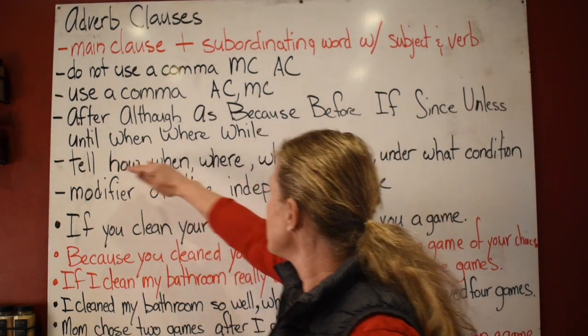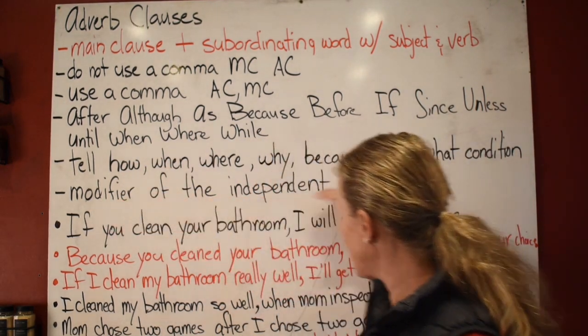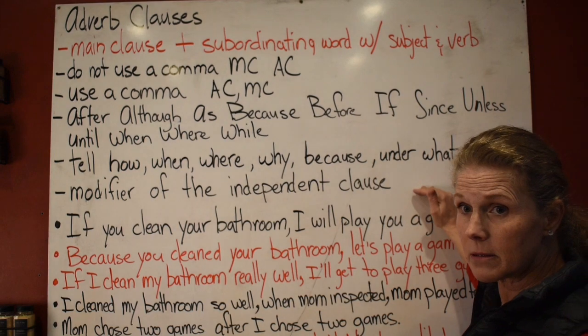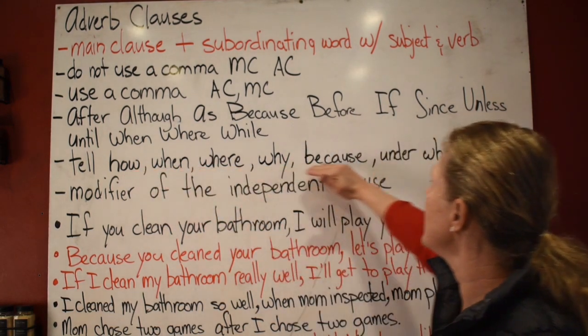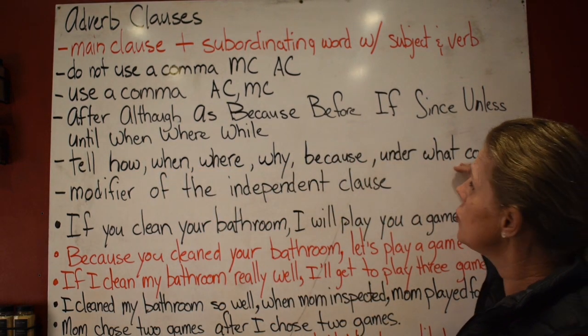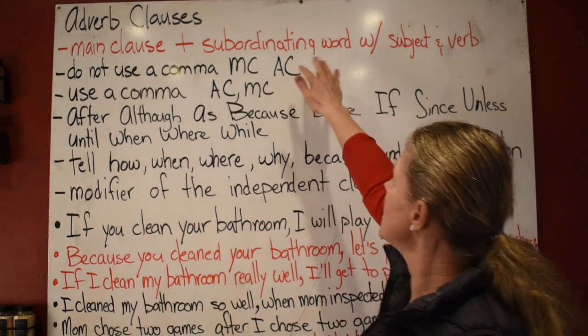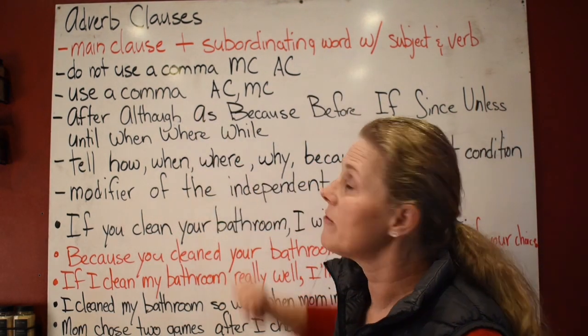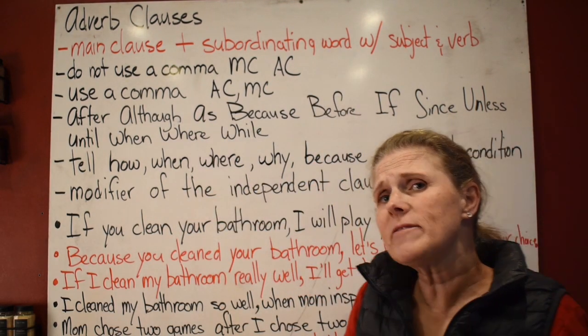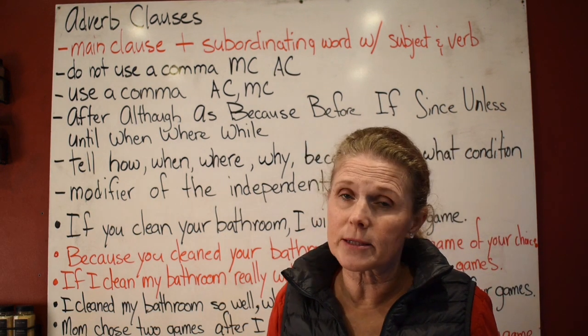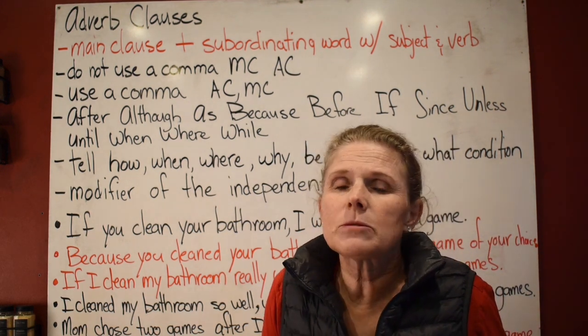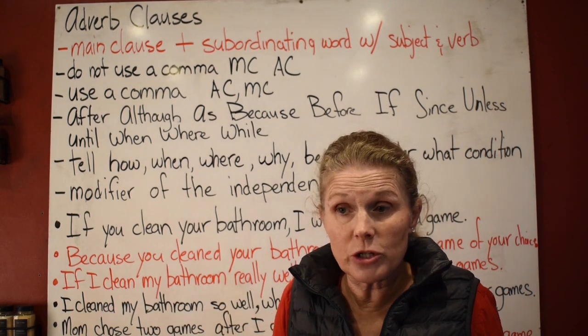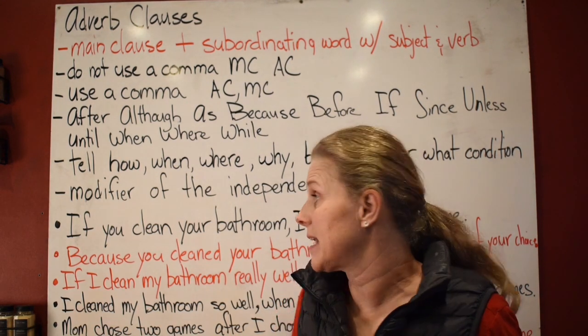That means they're telling all of these things about the independent clause. So if you can answer any of these questions, and you're seeing the subordinating word, you know you have an adverb clause. Oftentimes they're called adverbial clauses. They're both. It sounds more intense when you say an adverbial clause, but they're the same thing.